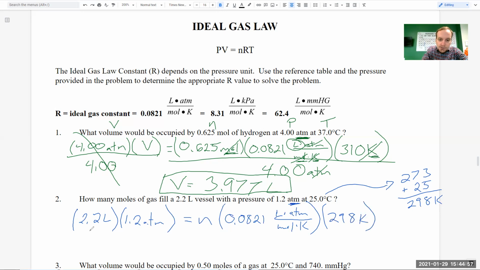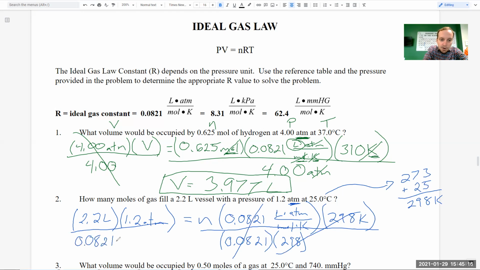So again, N is our unknown, so we need to divide this by 0.0821 and also by 298, which will cancel that. But if we do it to the right side, we better do it to the left side, so 0.0821 and also 298.